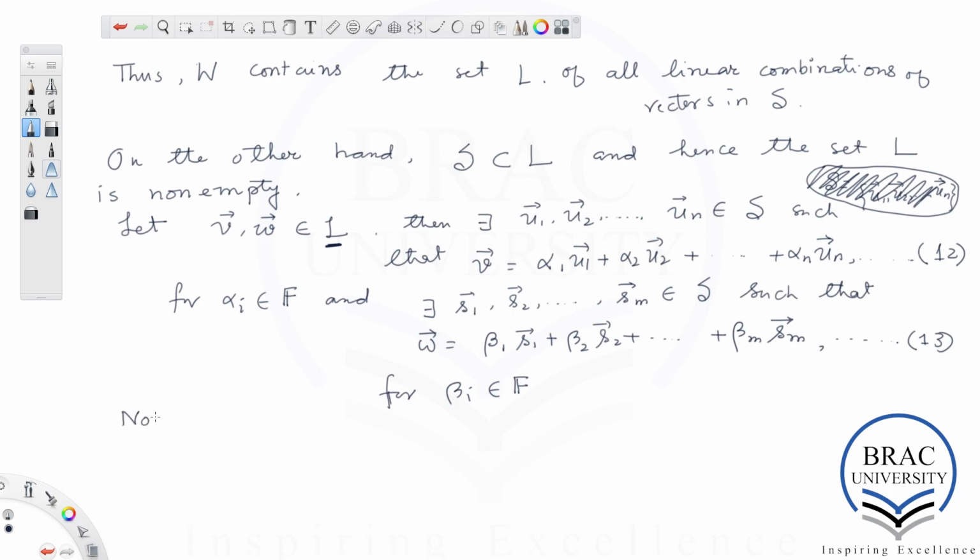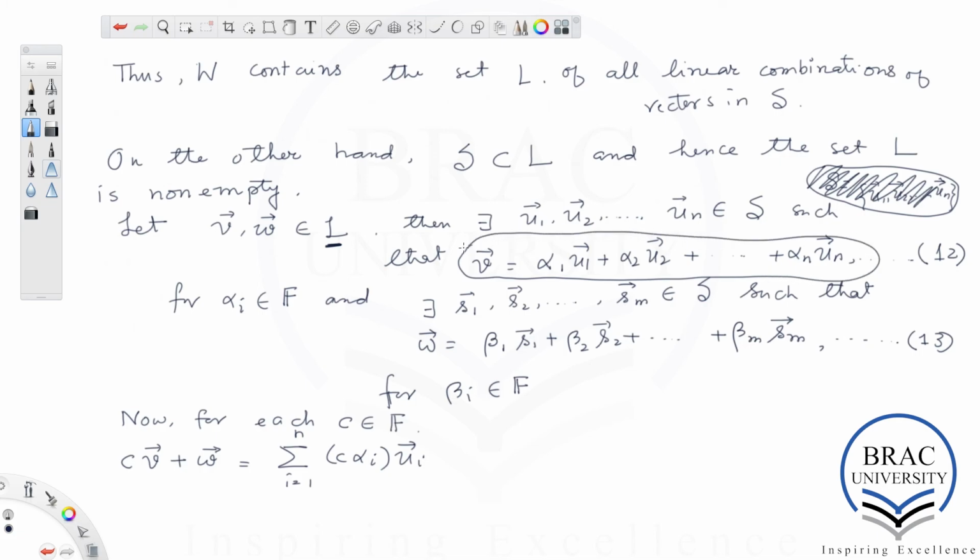Now for each scalar c, cv plus w is nothing but the sum over i from 1 to n of c alpha i times ui, plus the sum over j from 1 to m of beta j sj.